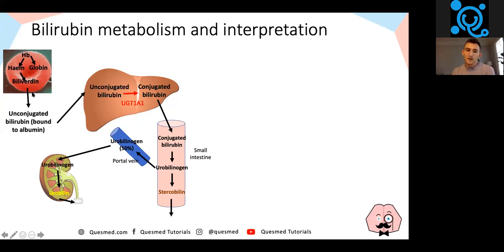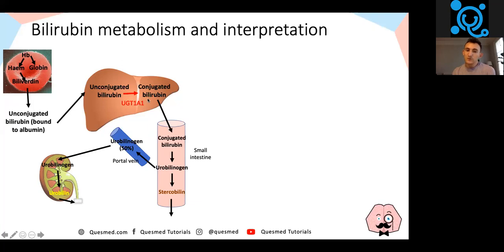That's taken to the liver, where the bilirubin is conjugated with this enzyme here, UGT1A1, and that's the one that has the mutation in Gilbert syndrome. The bilirubin is conjugated in the liver to get conjugated bilirubin.